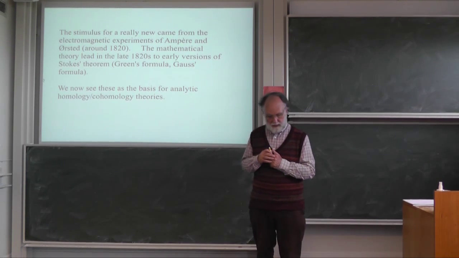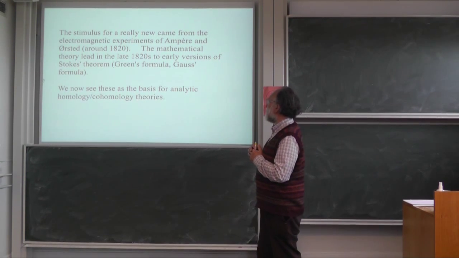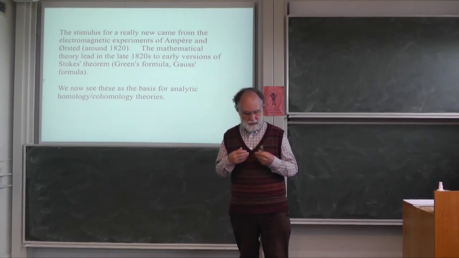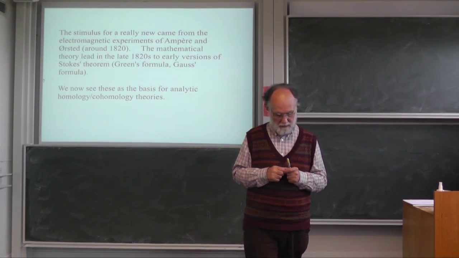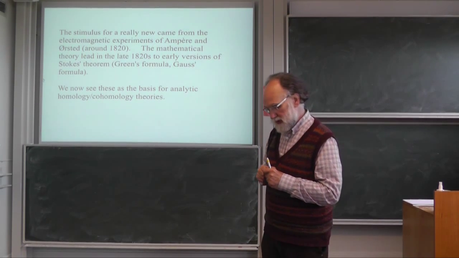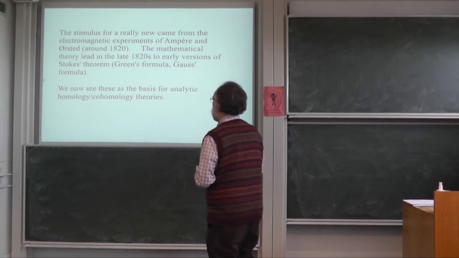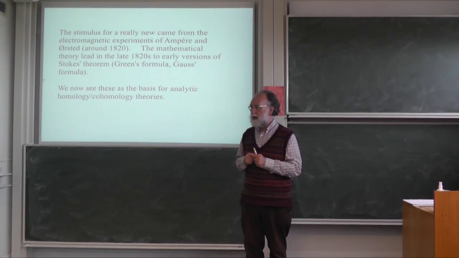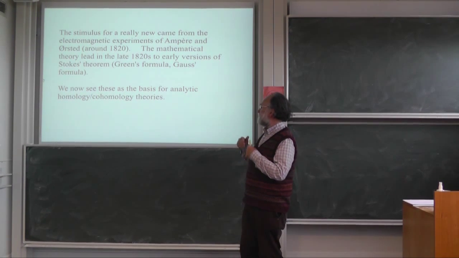And in about 1820, Ampère and Ørsted did their experiments on the deflection of compass needles by means of electric currents. And the theory of this was developed in the period following that.